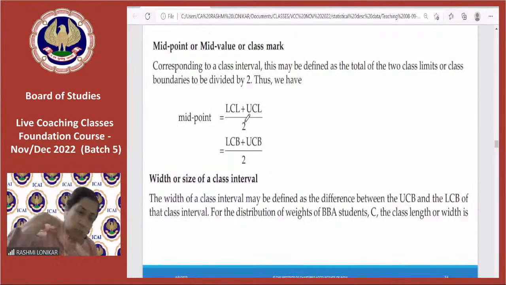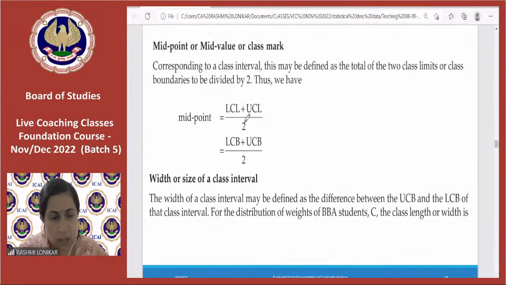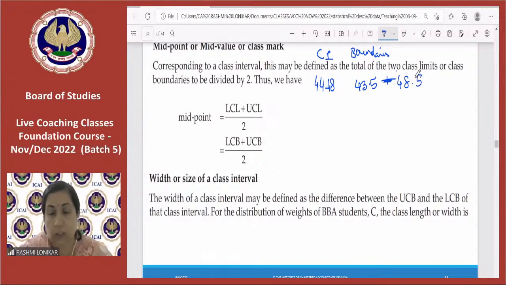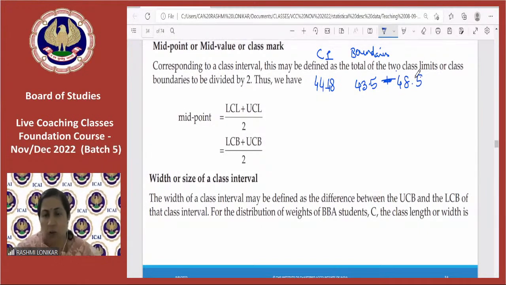Now midpoint. Midpoint will be equal to lower class limit plus upper class limit upon 2. So what I have here is 44 to 48 as my class interval. When I'm talking in terms of boundaries, it will be 43.5 to 48.5. So I have now got the boundaries.